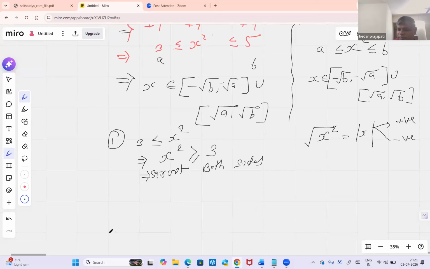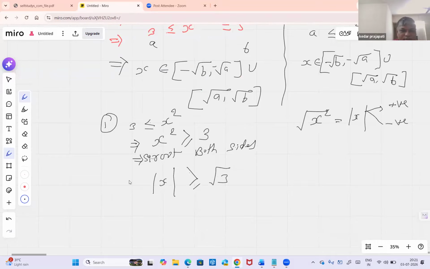What we will get? This will become mod x is greater than or equal to root 3. Now this mod can either be positive or negative.